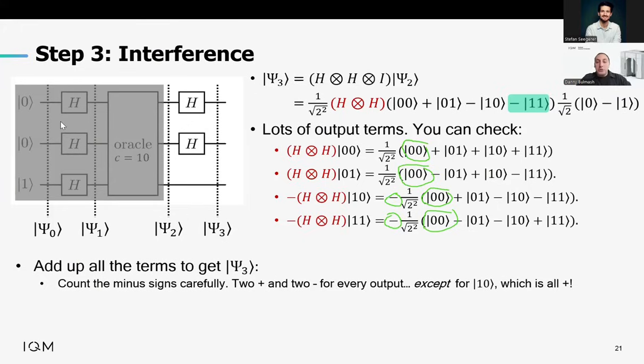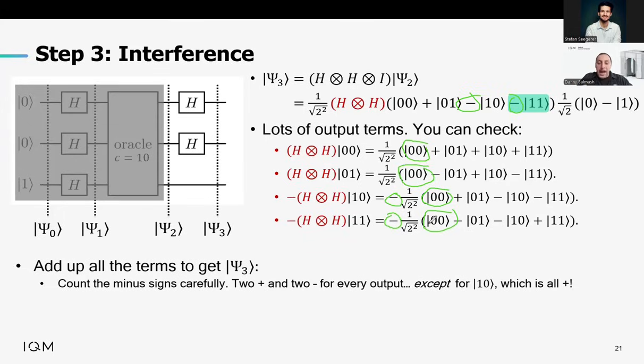And if you go through and you do that counting very carefully for every single output, what you find is that the only output which doesn't have two positives and two minuses is 1, 0. And 1, 0 is the secret code. So these minus signs that came from the secret code end up with this really complicated, weird pattern of minus signs in the end.